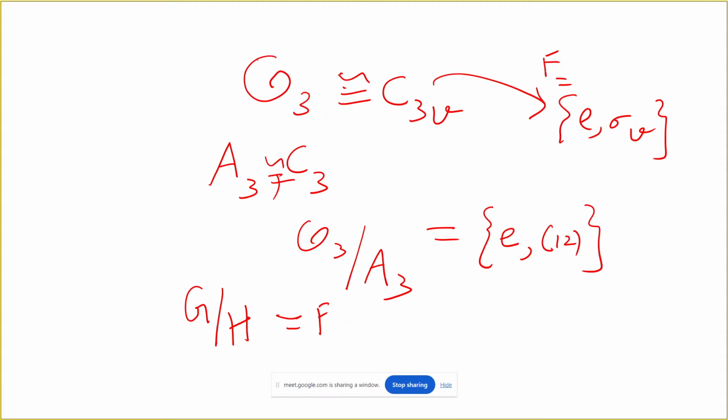Some accidents can happen: G by an arbitrary subgroup could give you a factor which is also a group, which is what happened in the lecture. But that is not the definition. The definition is an invariant subgroup of a group, and then you take the factor of G divided by the invariant subgroup, and you can show that it is a factor group. I hope this clarifies the discussion. Yeah.